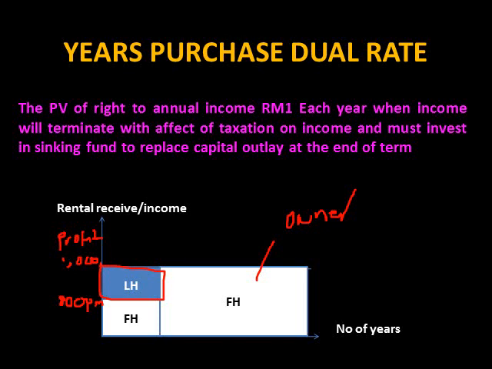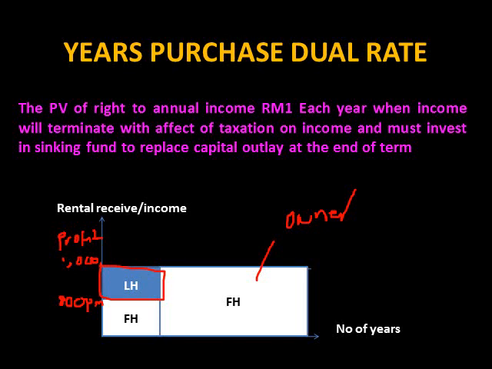So if you want to calculate the interest of a leasehold property, we must use YP dual rate. Here is the timeline. Previously we learned about freehold property. For freehold property, we use YP single rate, YP in perpetuity, and YP reversion to perpetuity.